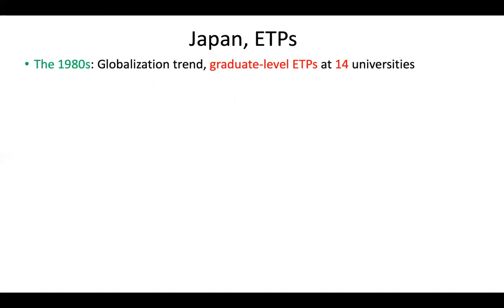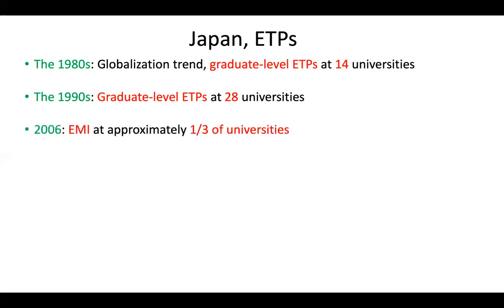In the 1980s, because of the globalization trend, more EMI and also ETPs started to be implemented. The graduate level ETPs by this time rose to 14 universities. By the 1990s, graduate level ETPs were implemented at 28 universities. And by 2006, EMI was used at approximately one third of Japanese universities.